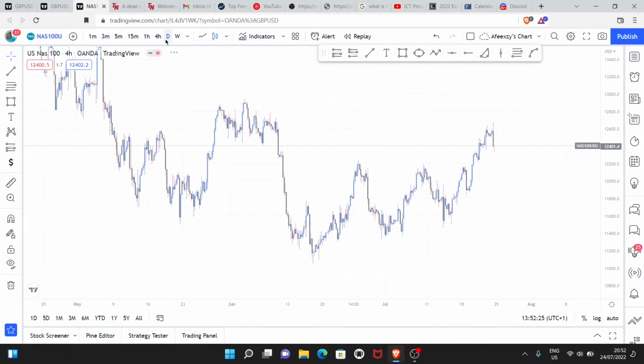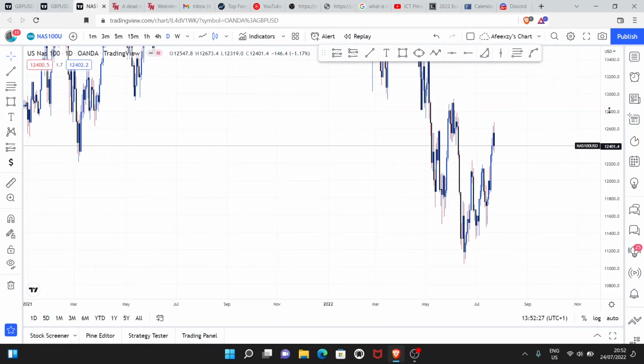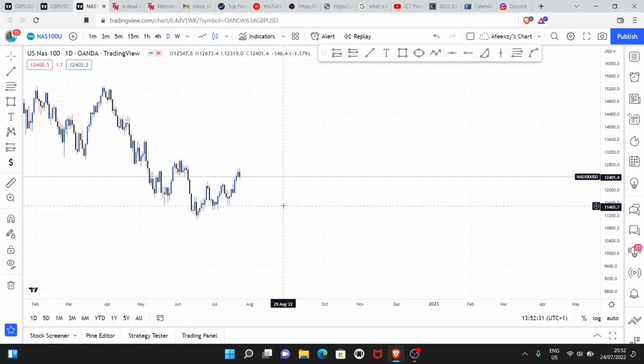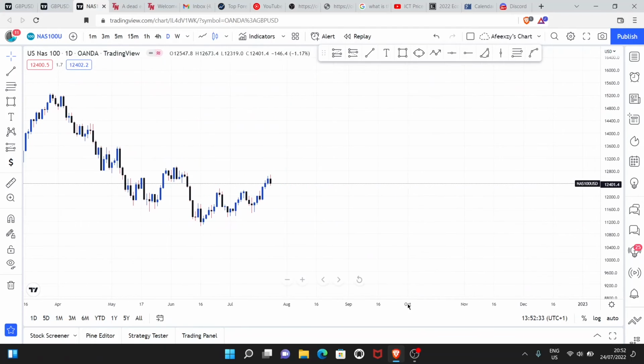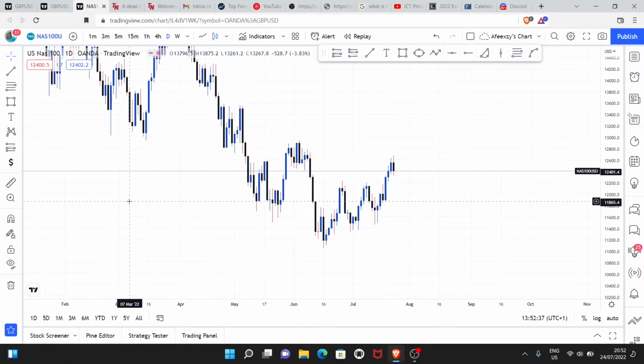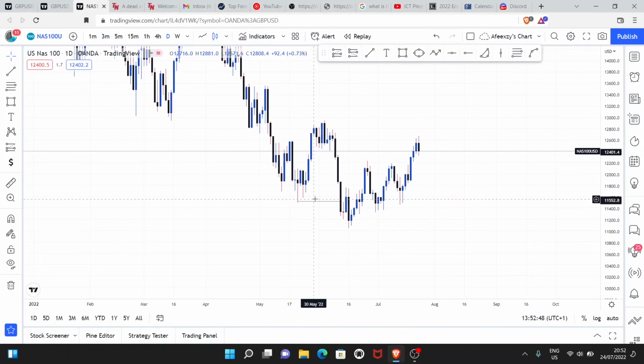So on our daily time frame, I can see this sell side liquidity grab.